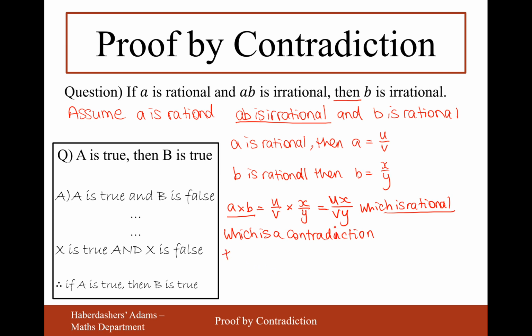Okay, so therefore, if A is rational, AB is irrational, then B is irrational.